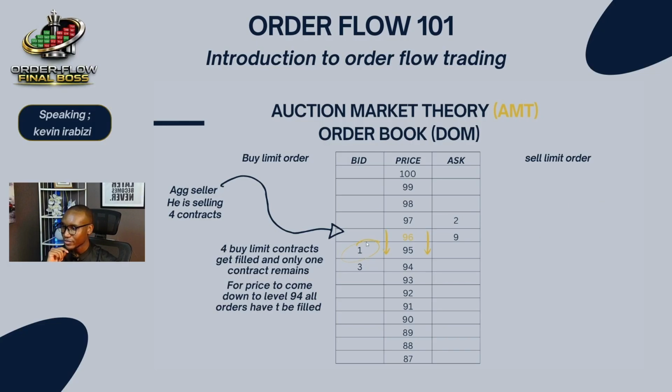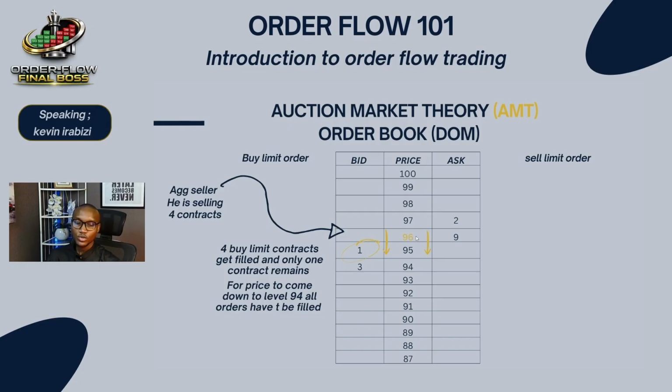Listen carefully. This aggressive seller came and he was willing to sell 4 contracts aggressively to any willing buyers, but he finds that there is no buyer at price level 96, and that means his order gets pushed to the next best available level.